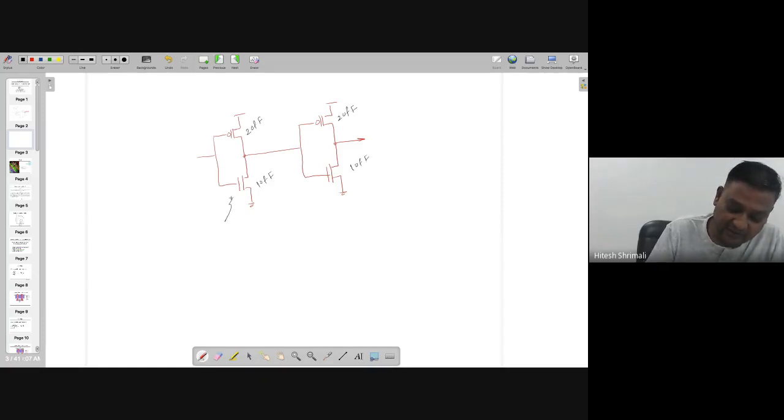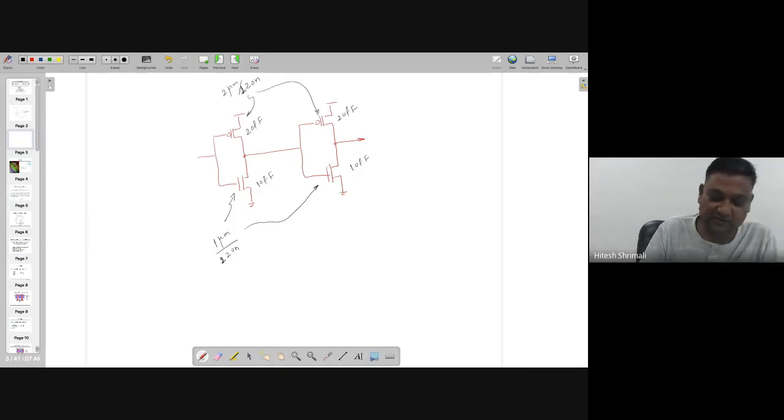Like here, I assume that it's 1 micrometer by 120 nanometer. Same for this one, and I assume that it's 2 micrometer by 120 nanometer for both these transistors. So when this inverter is driving this one, it's still fine because the capacitances are equal. So as per the maximum transfer theorem, you can drive the same load.